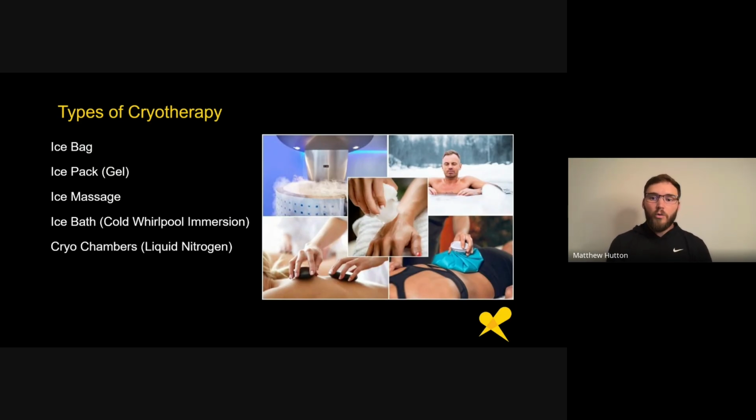So the oldest and probably the most popular is the ice bag. And this is your typical crushed ice cubes that are thrown in a plastic bag, thrown on the skin. And there's obviously a lot more complexity that goes into it than just that. There's the thickness of the ice, there's the texture of the ice. How well does it conform to the skin? Going back to the physics slide, if you have larger ice cubes, you have less contact with the skin.